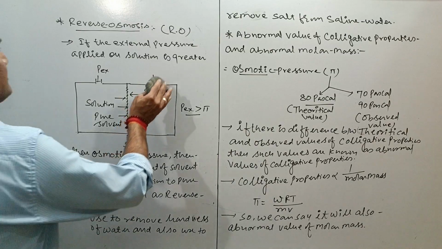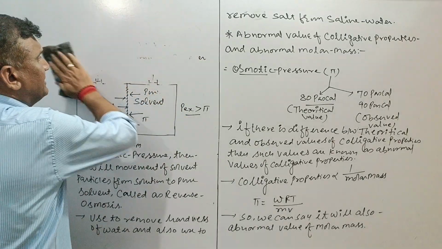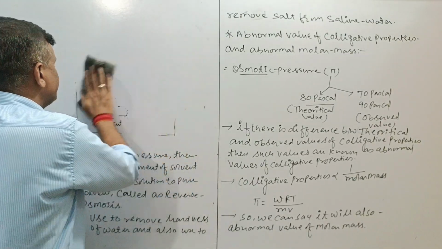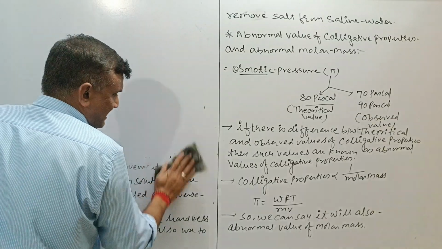So the basic cause of the abnormality in colligative properties and molar mass is as follows.